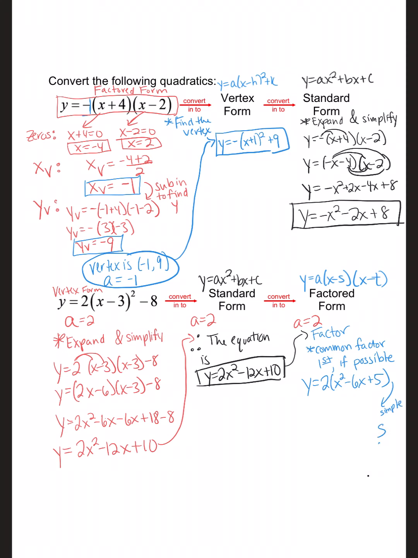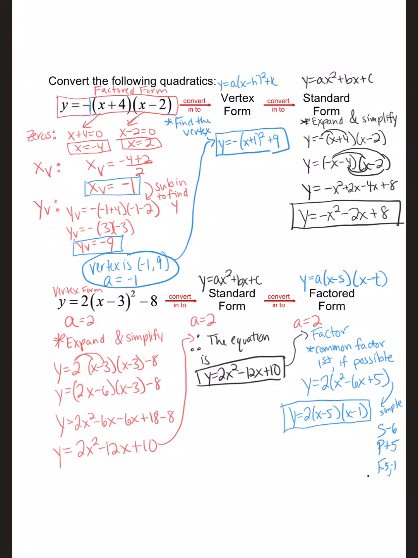Okay, so we'll set up our SPF. We're going to look for two numbers that add to a negative 6, multiply to a positive 5. So the only factors of 5 are 5 and 1. If they have to add to a negative but multiply to a positive, we should be thinking the sign on both of them is negative. So we will have y equals 2, x minus 5, and x minus 1. And you can see that we are now in factored form.